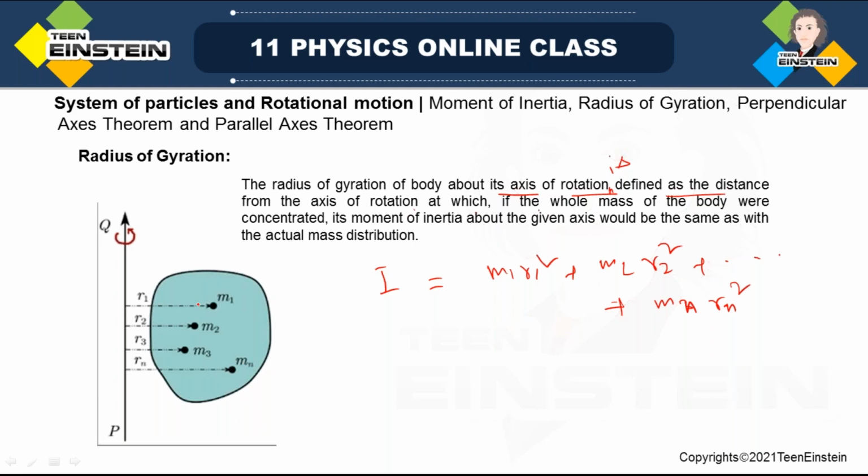But what is radius of gyration? Actually, radius of gyration is defined as a distance from the axis of rotation. Suppose this is the axis of rotation.